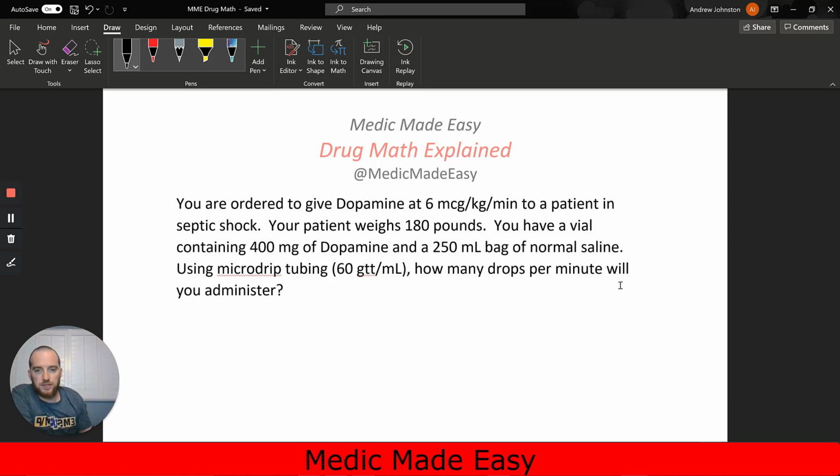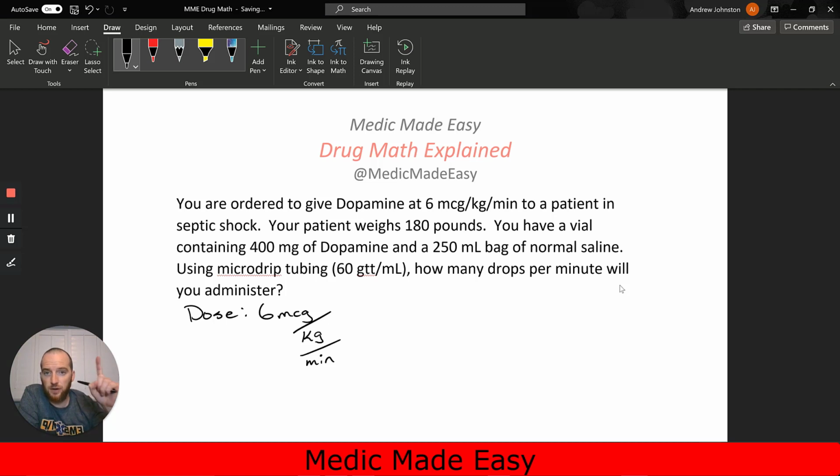So let's just pull out the information that we have. We have a dose, which is 6 micrograms of dopamine per kilogram the patient weighs per minute. So we're going to give 6 micrograms of dopamine for each kilogram, every 1 kilogram the patient weighs, every minute.